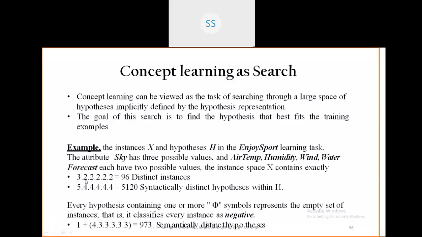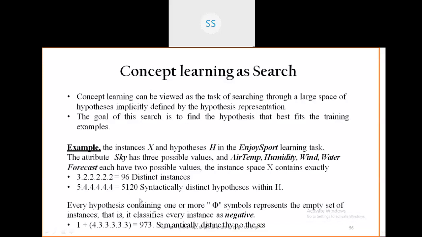For air temperature, the actual values are 2, is it right? But the number of values that you can give in a hypothesis is 4. So the 2 values of the air temperature, and 2 implicit values called the question mark and the null symbol.